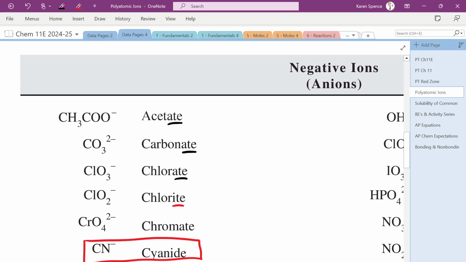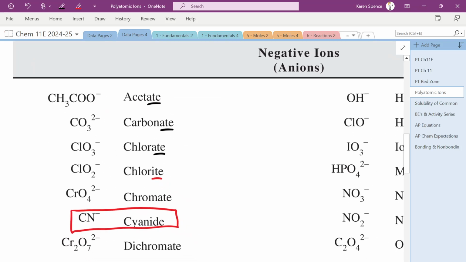And what do you notice about all of the anions that end in ate or ite? What do they all have in common? Take a look at it, discuss with your partner: what do all the ate and ite ions have in common with each other? Look at their formulas.